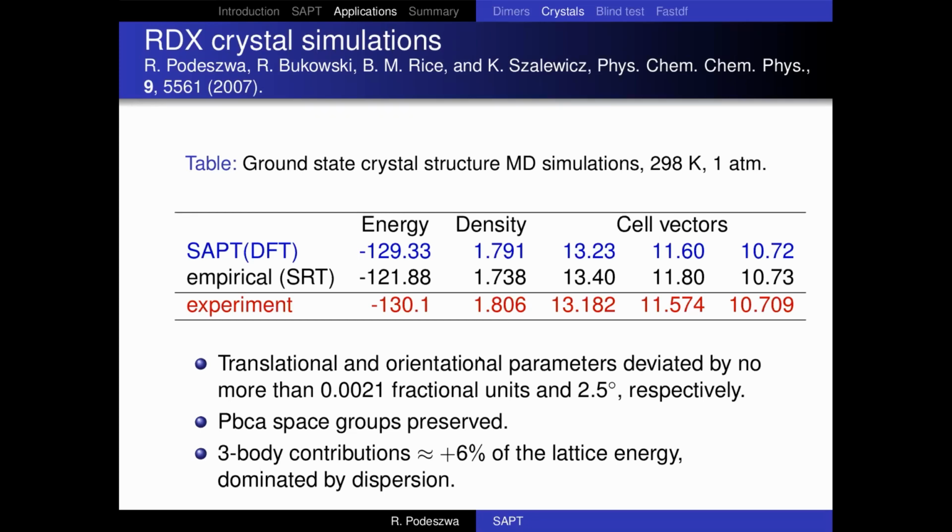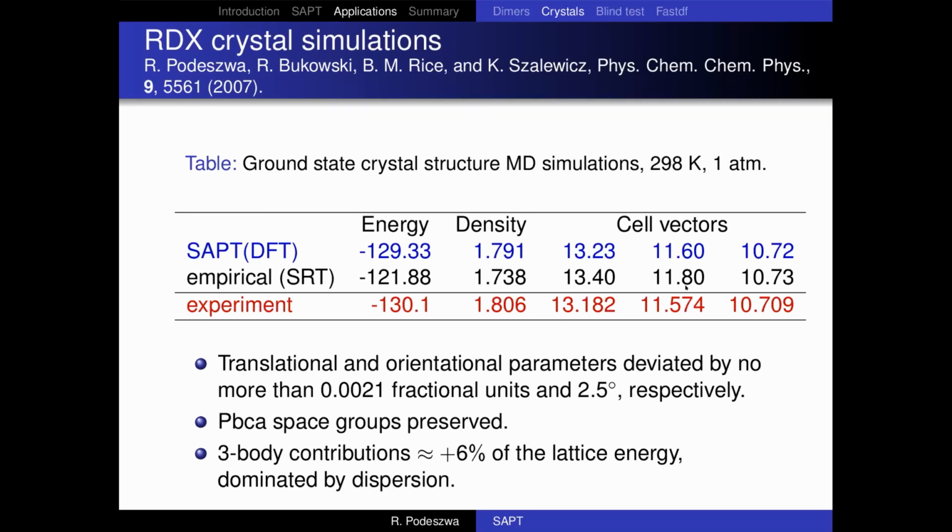There was some error cancellation between the lack of non-additive contributions and the incomplete basis. What is interesting is that we actually got better agreement than empirical potentials, which were fitted to get correct density and energy for these types of systems.